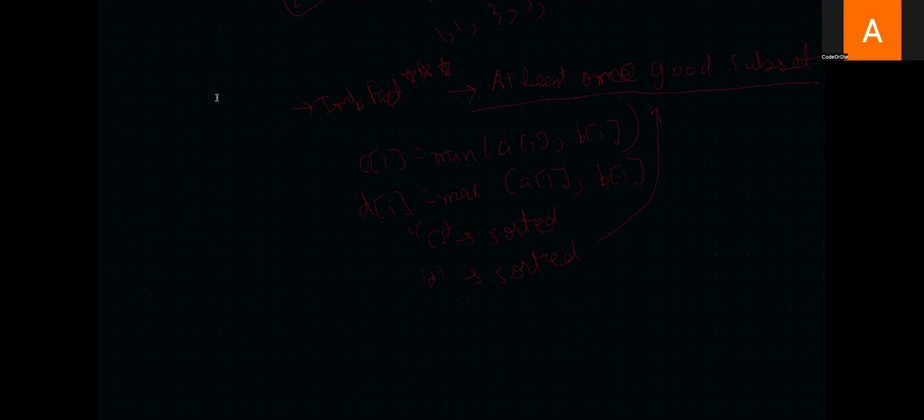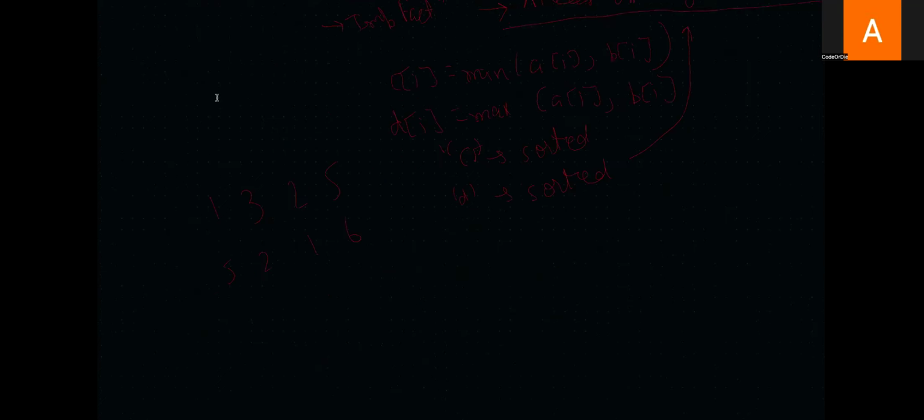Let's say you have the array 1, 3, 2, 5, and you have 5, 2, 1, 6. So the minimum of 1 and 5 is 1. The minimum of 3 and 2 is 2. So 2, 1, 5. And the maximum of 1 and 5 is 5. Then we have 3. Then we have 2. Then we have 6.